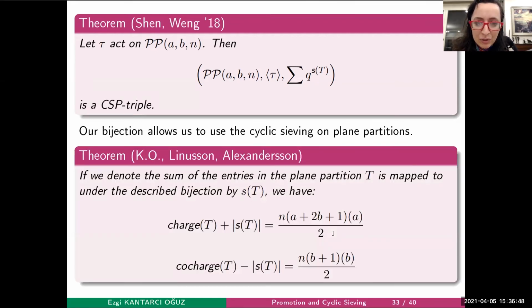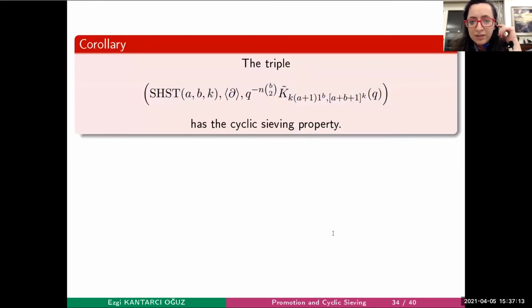We only needed to connect the statistics we were using, because the promotion is already mapped to the toggle operation. And it turns out there is a very easy connection between the charge in our straight hooks and the sum of the entries on plane partitions. Using that, the cyclic sieving in straight hooks just follows.